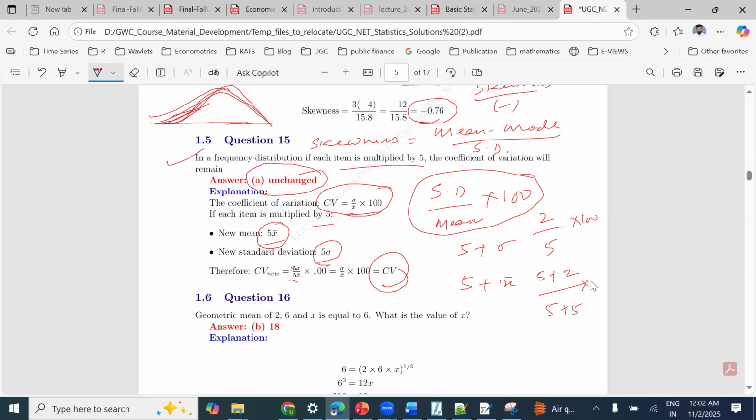Can you quickly tell me? 7 by 10. Definitely the answer will change. I think Ajay told the correct answer, right? So it is not independent of change of origin. Ajay, you meant to say this?